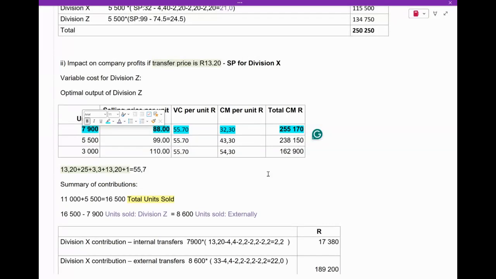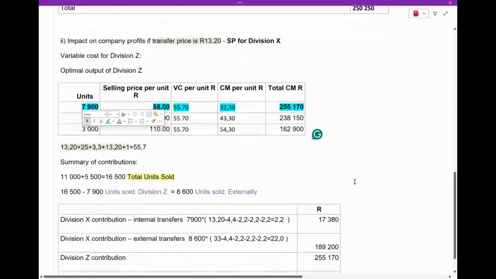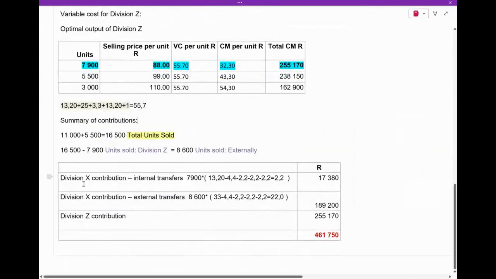Only 8,600 units will be sold externally, okay? Right. So now that we have that, we can now calculate, okay, what then is your contribution from Division X?